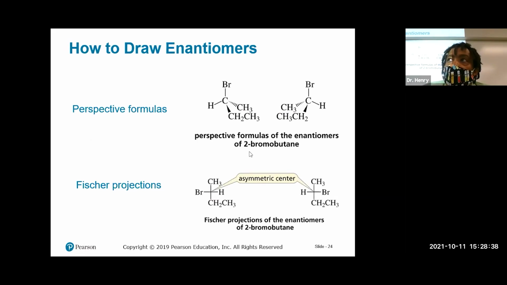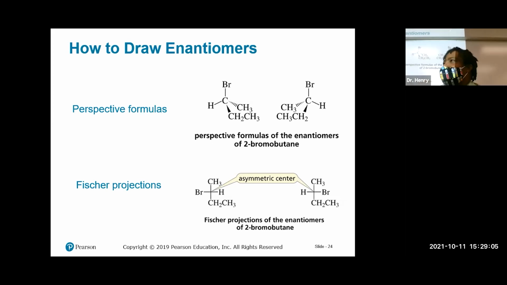This is how we would draw the enantiomers, with the dashed and wedge bonds. Enantiomer is achiral? Yeah, achiral, not... you know what I'm saying?